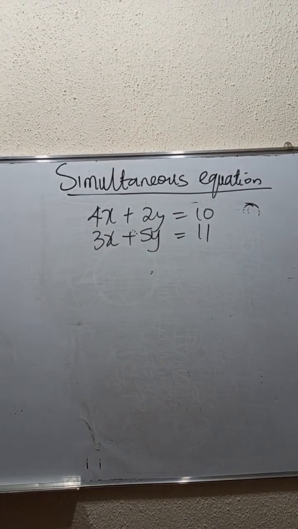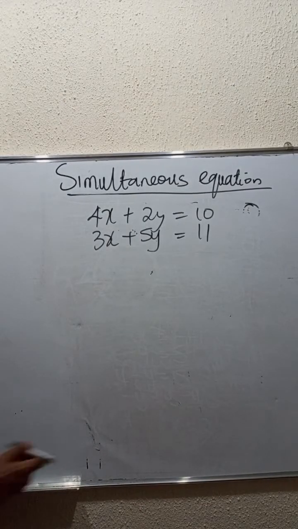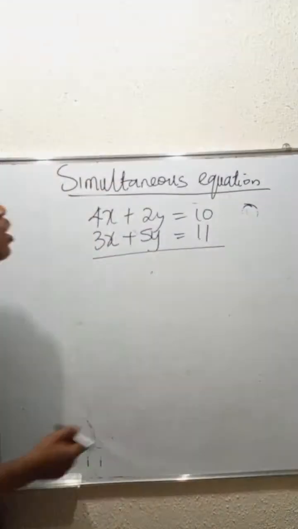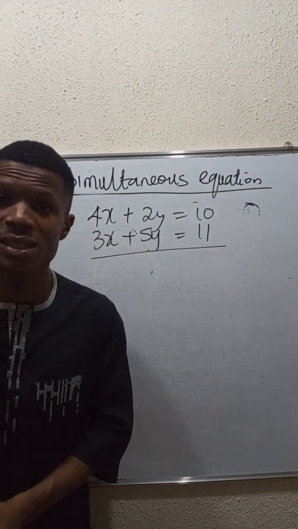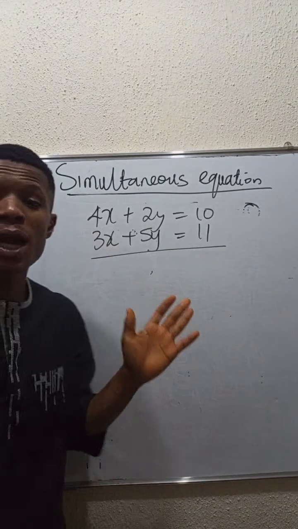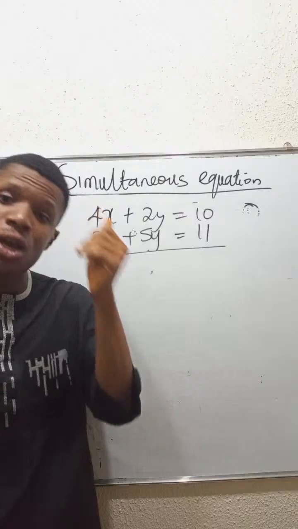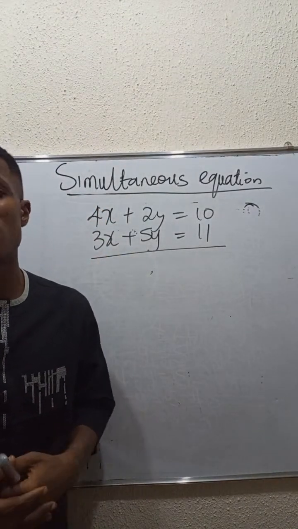So to do this is very, very simple. For you to find the value of x and y here, understand one thing. If you have the two equations, you can't easily eliminate one of the variables, and if you subtract the two equations, you also can't easily eliminate one of the variables.